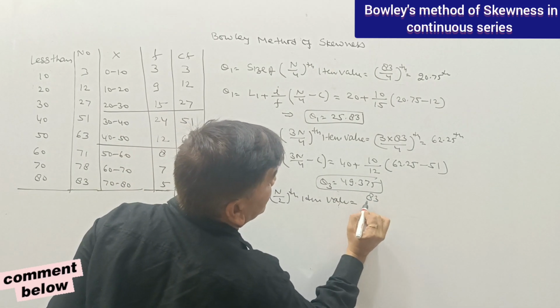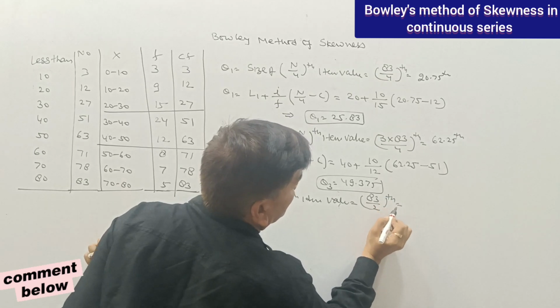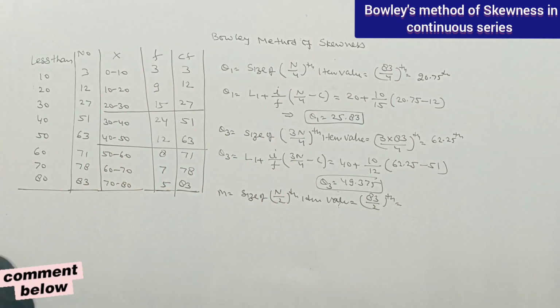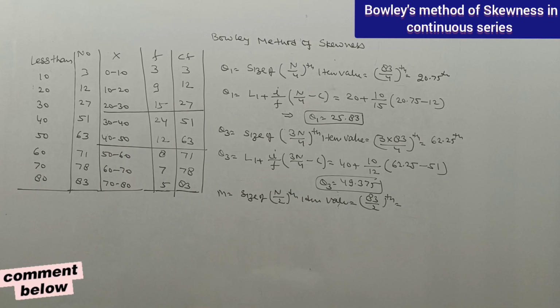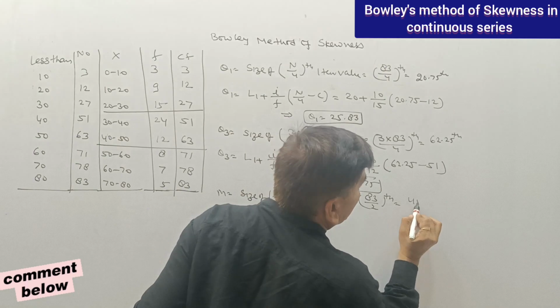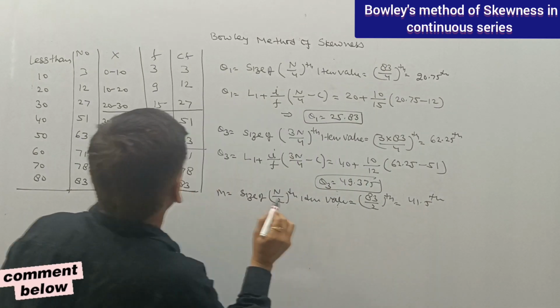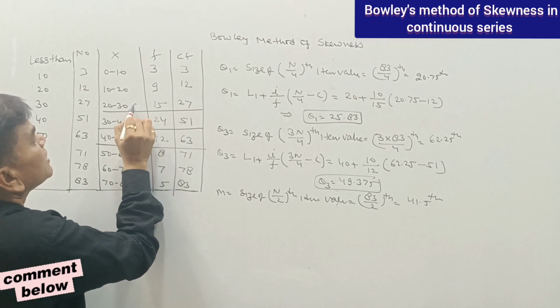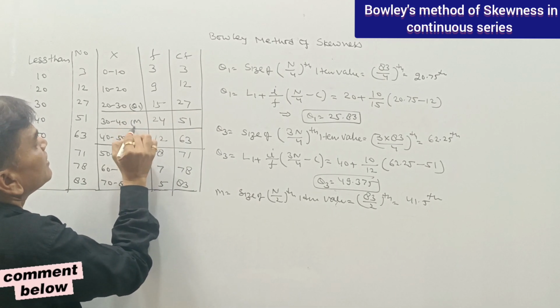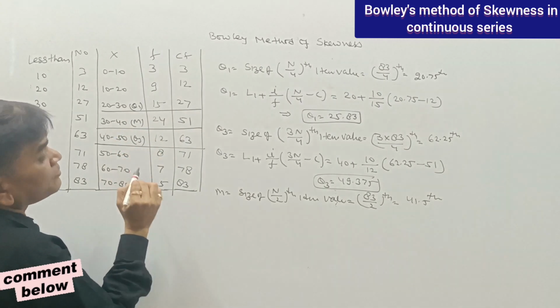That is 83 divided by 2, that is 41.5. The 41.5th item lies here. This is Q1, this is M, and this is Q3.